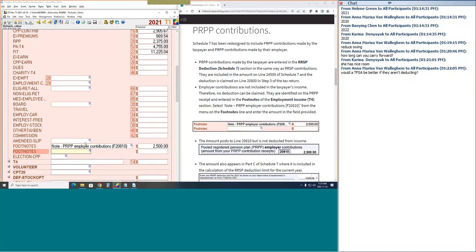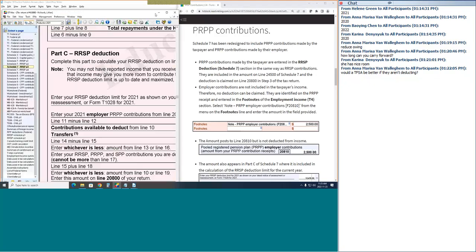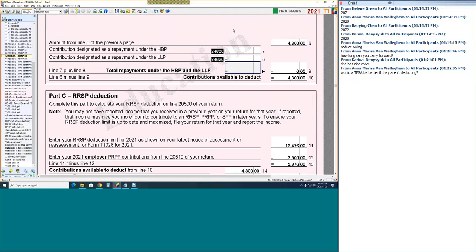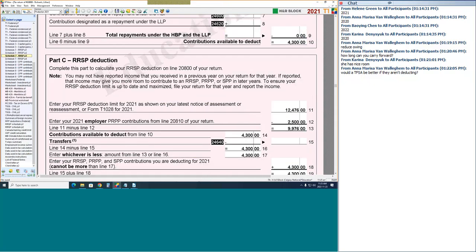If she had $2,500, in that case, we would go to the tax return. And what I want you to notice when we get to the Schedule 7, everything is the same, but her room has now been reduced. That's why that number is important. It is going to change her RSP room now.